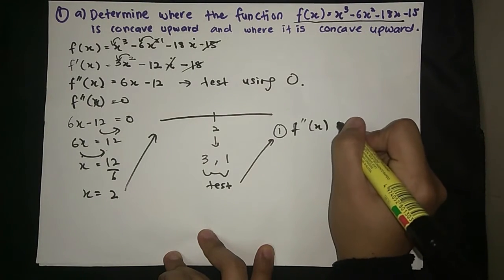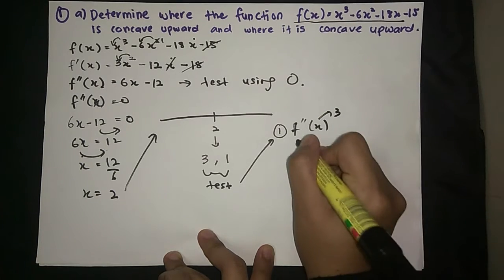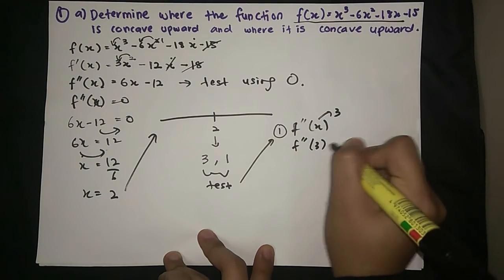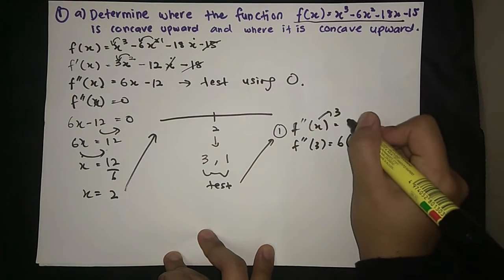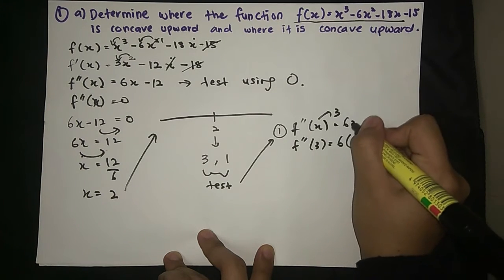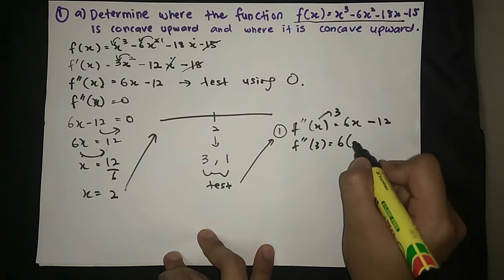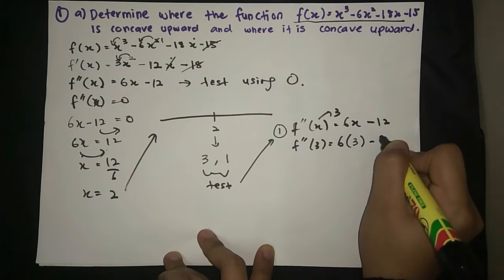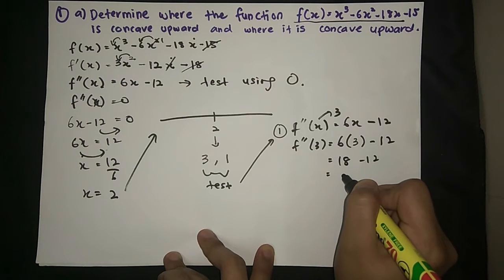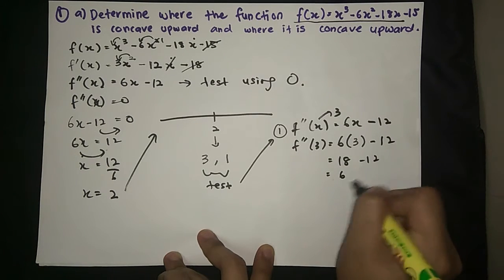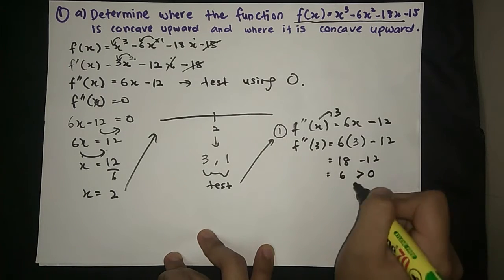So we have 6x minus 12, and now we substitute with 3. It becomes 18 minus 12, and it becomes 6. So 6 is more than 0.